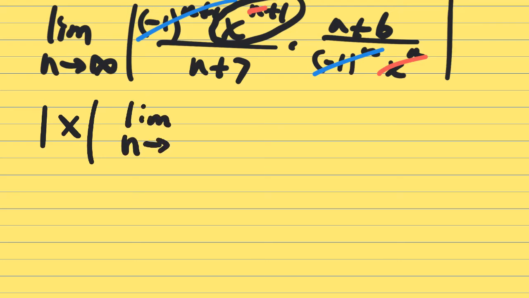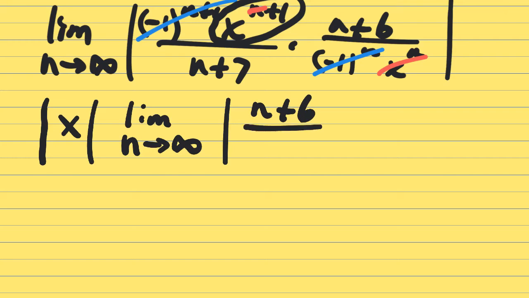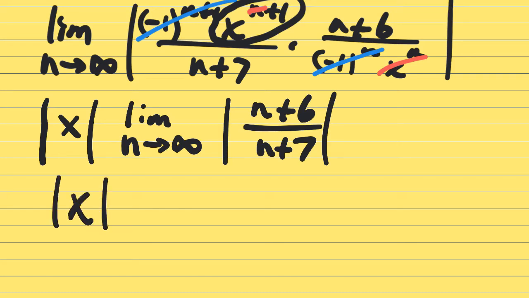And again, we're doing that because this limit is only applicable to the n variable. Inside, after all the canceling is done, we have n plus 6 over n plus 7. And what does that limit come out to? That's right, it comes out to 1.